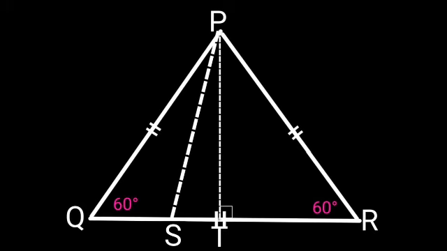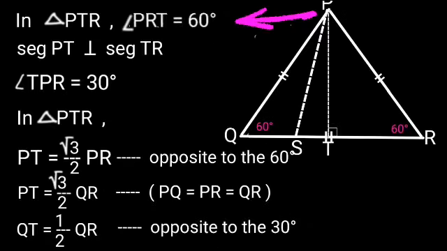In this triangle, segment PT is perpendicular to the segment QR at point T, and point S is such that QS is equal to 1/3 of QR. In triangle PTR, angle PRT is equal to 60 degree.